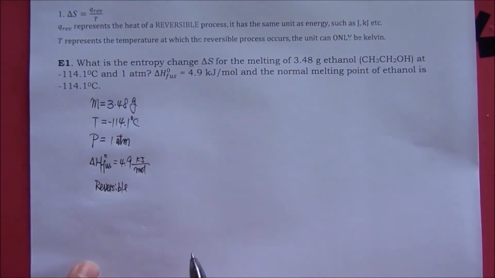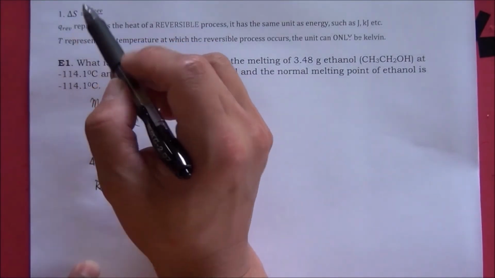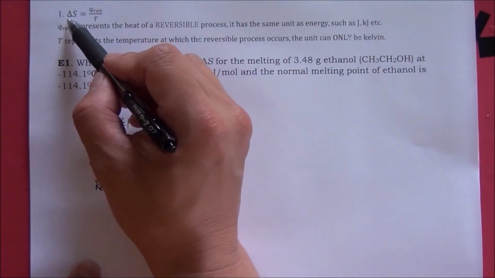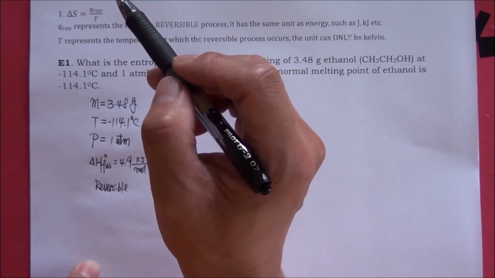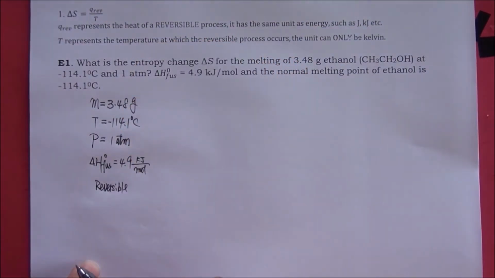Then, if we want to use equation number 1 to calculate the entropy change, we want to know what kind of information we already know and what information we need to find. I copied down the equation. This will help me to memorize the equation. If I work out more and more problems and every time I write down the equation, I will automatically remember it.